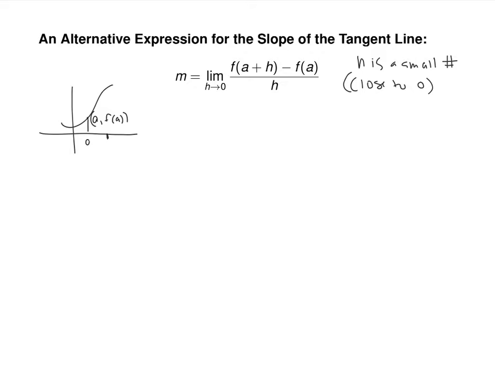So then your nearby point, you could think of a plus h as the x coordinate. It could either go above or below. If h is positive, a plus h is a little bit above a. If h is negative, a plus h is a little bit below a. So then that point has coordinates x is a plus h. What is the y? f of a plus h.